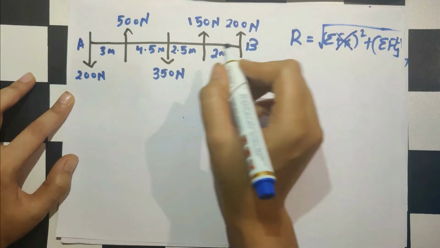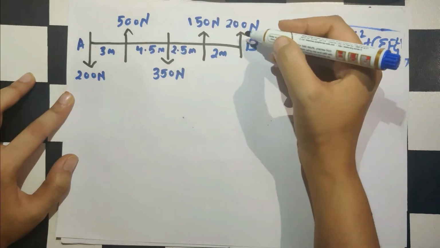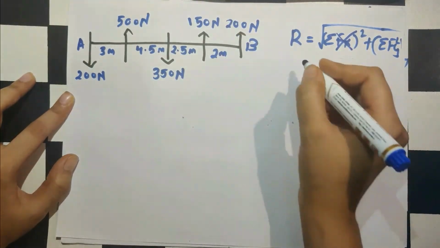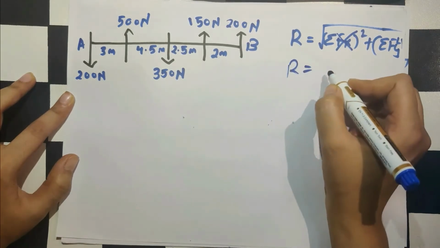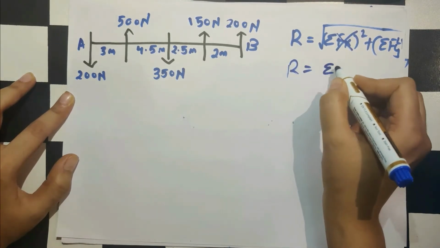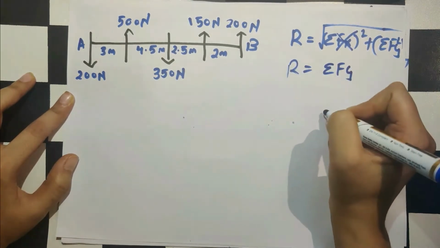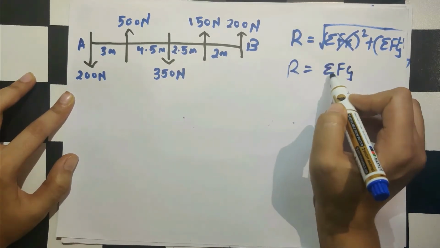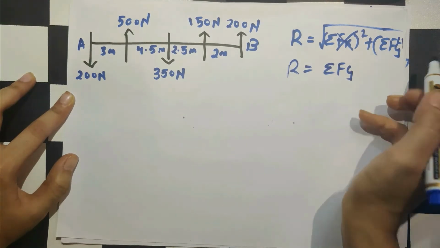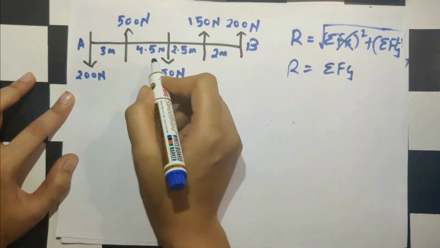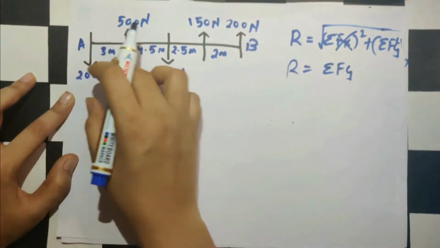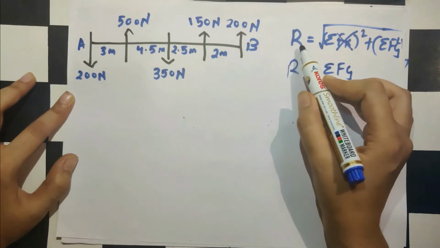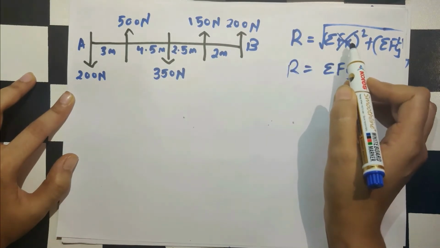Now for a parallel type of force system where we have only vertical forces, our R value will be nothing but summation of Fy, because the square root of the square will be cancelled and you will get just summation of Fy. Similarly, if we had only x direction forces, all the forces in only horizontal direction, then our R would be summation of Fx.